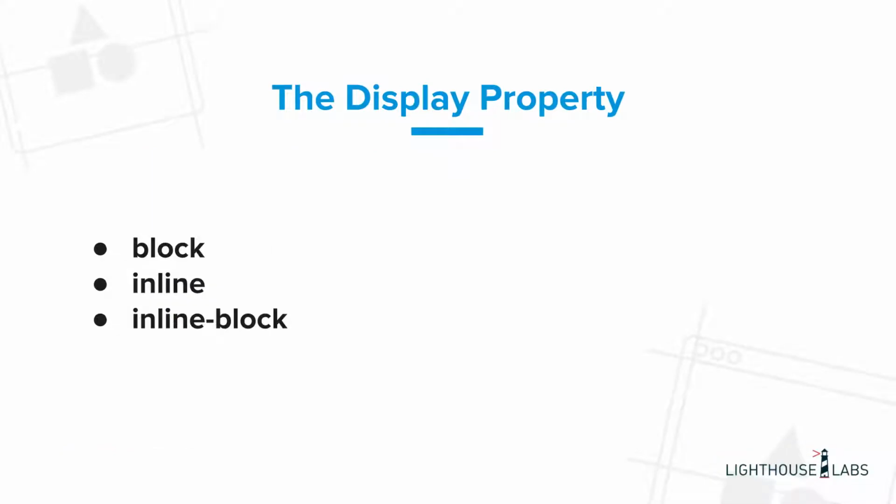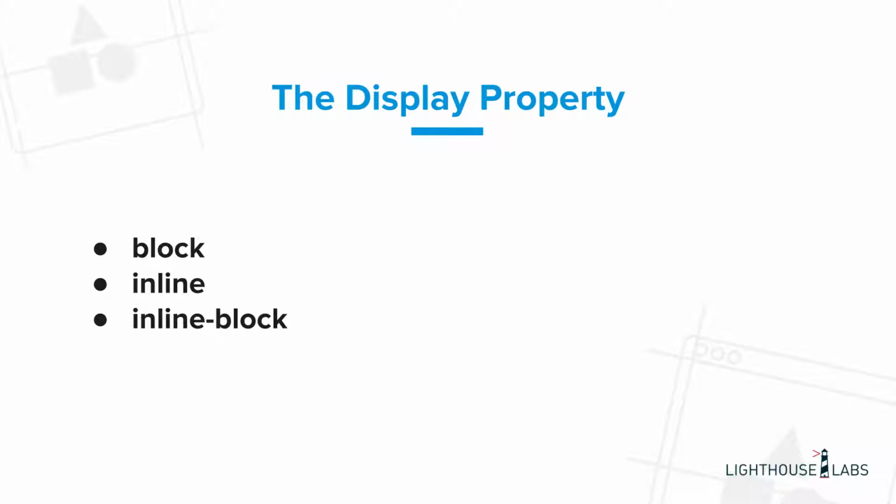So now we'll talk about the display property. Can anyone tell me what we mean by block, inline, and inline block? Isn't block, it'll take up the whole section. Yeah, absolutely.